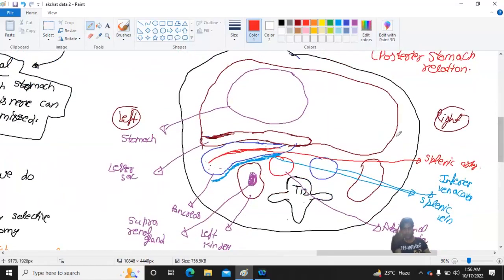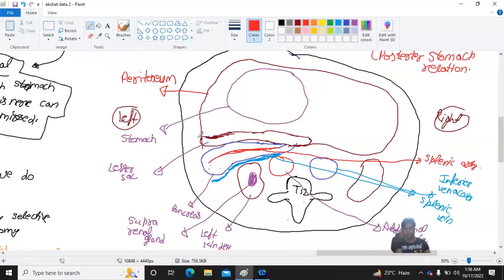Note this. This is the peritoneum. All things behind the peritoneum, this abdominal aorta, vena cava, 12th thoracic vertebra, kidney, suprarenal, are retroperitoneal. Pancreas is also retroperitoneal except the tail.